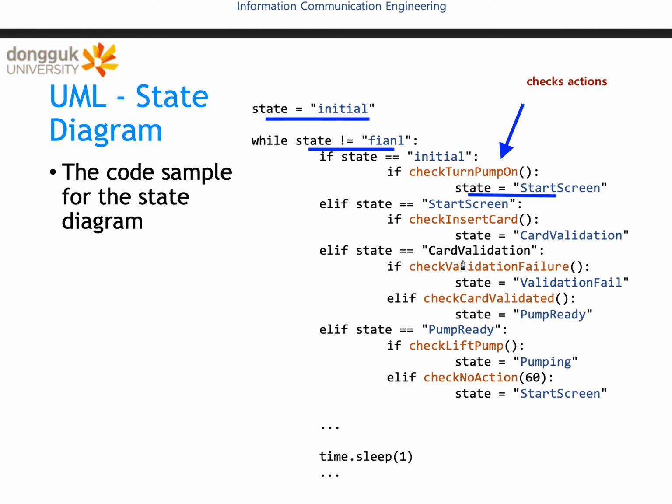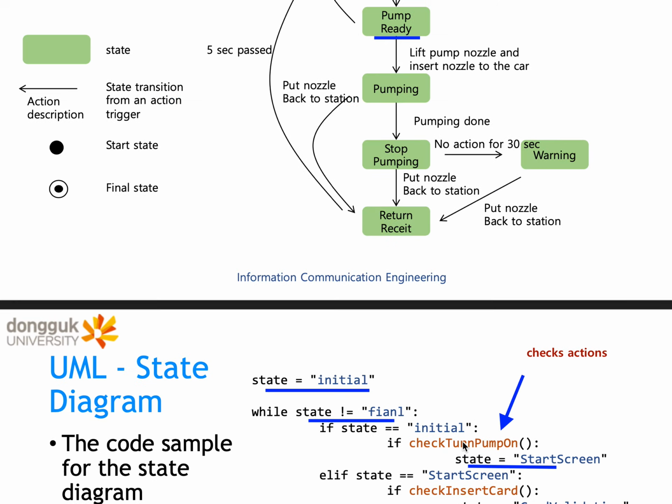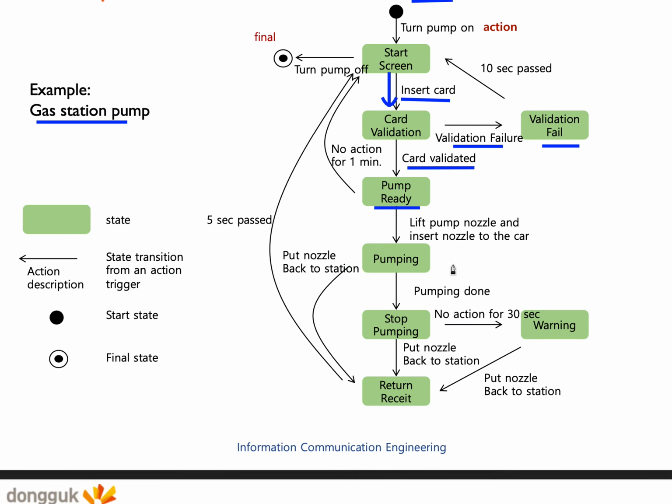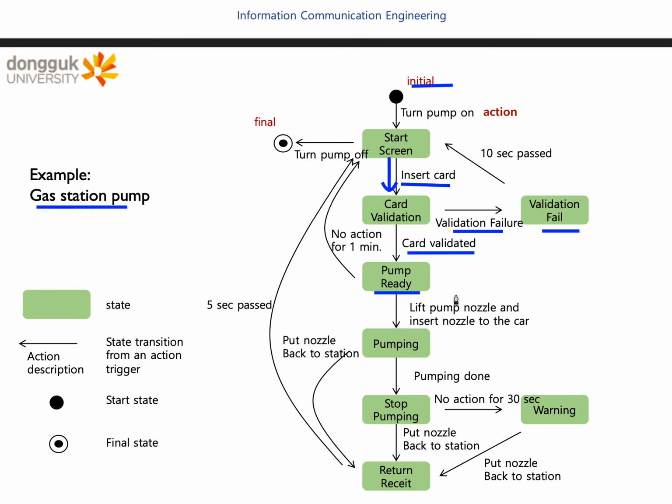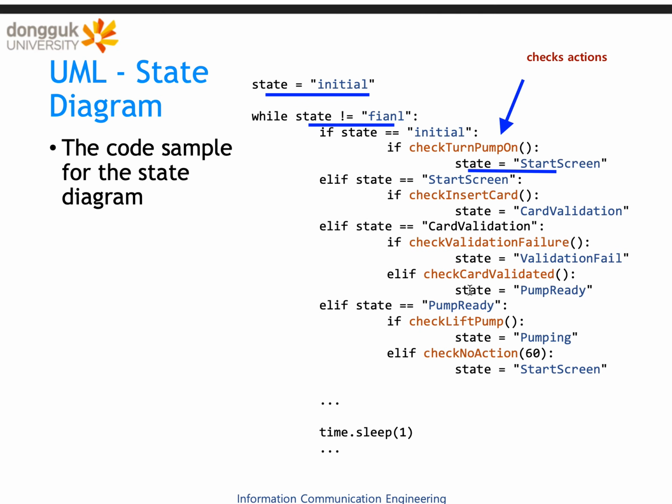But in this case, the code is very long, so it would cause confusion. But if you have this kind of diagram first, then it can be validated easily. So it can be shared and validated easily, which makes more correct source code, and it gives shortened development time.